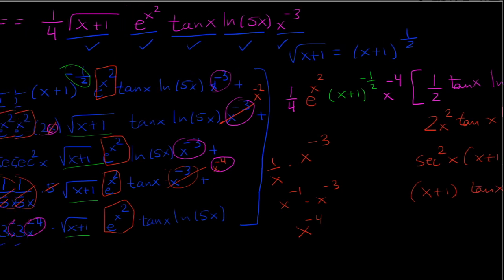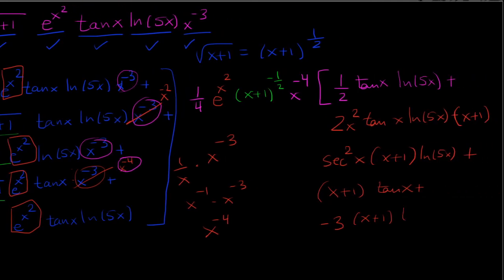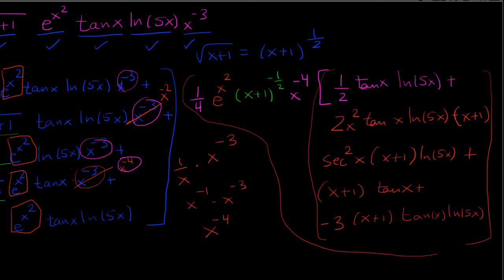Okay, the last term, we have a negative 3, and then we're going to also multiply by x plus 1, tangent x, ln of 5x. And at this point, yeah, this should be good enough. So we don't need to go any further. So this is the derivative.